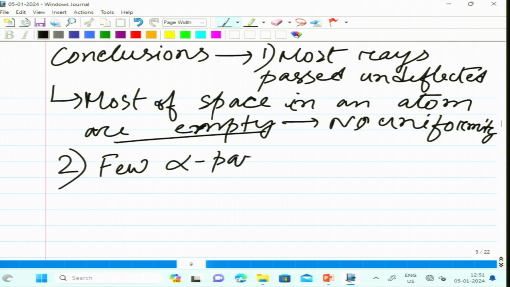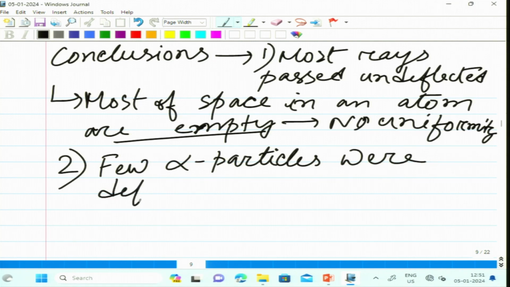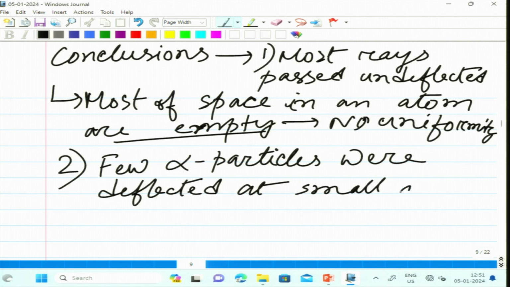Now, the second conclusion was that few alpha particles were deflected at small angles. This can be due to repulsive forces.